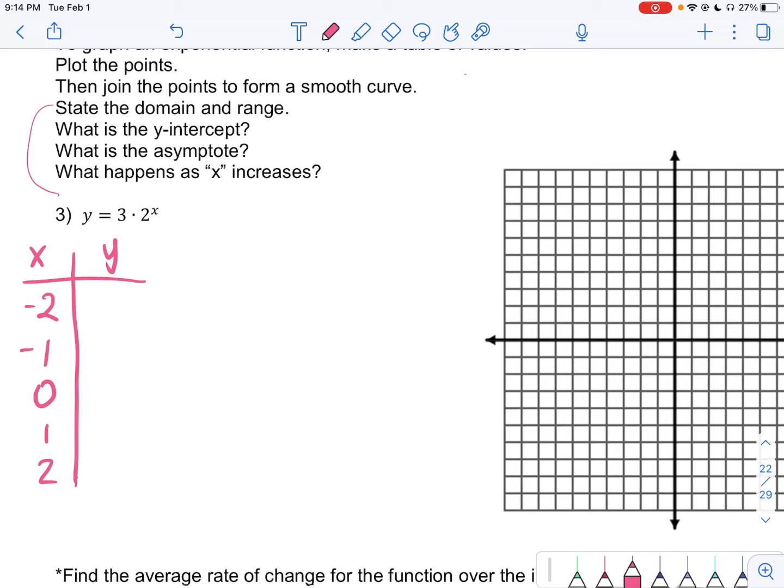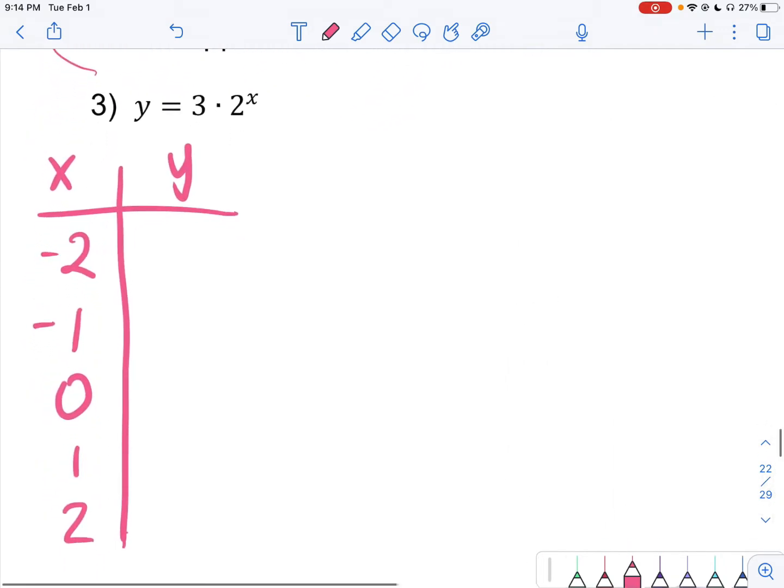So now I want to find the y values. What we're going to do is replace x with our x value. In your calculator you would do 2 raised to the -2 and then multiply by 3, and that will give you 0.75.